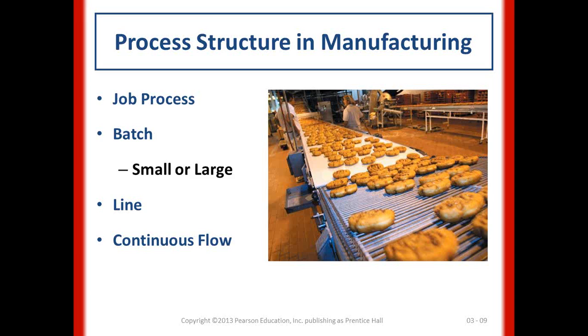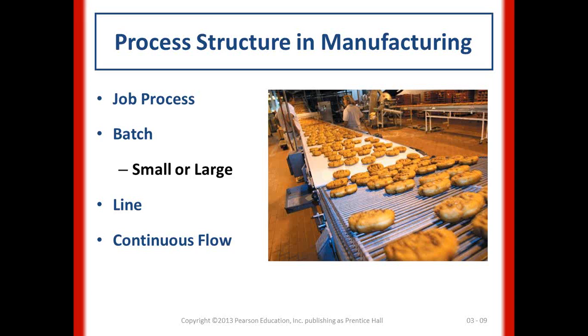So usually commodity-based, huge volumes, one or two products at the max. Line process, they may have a couple of variations. For example, you could produce an SUV, a family vehicle, a small vehicle, and that's an assembly line. Batch process has more variation of the product.